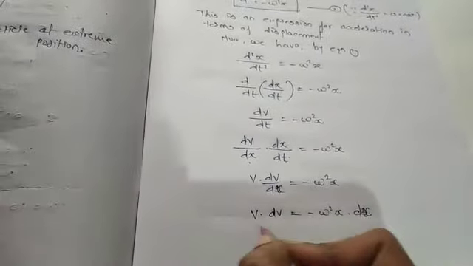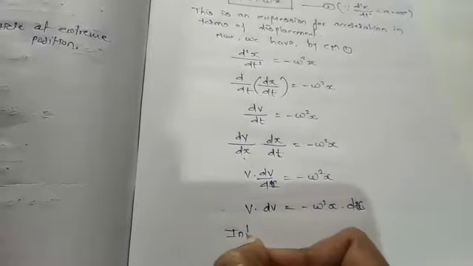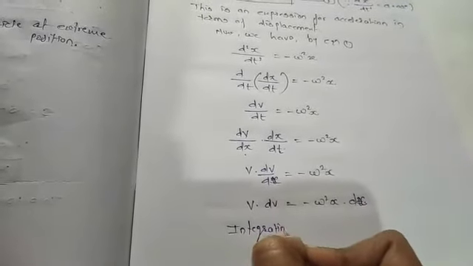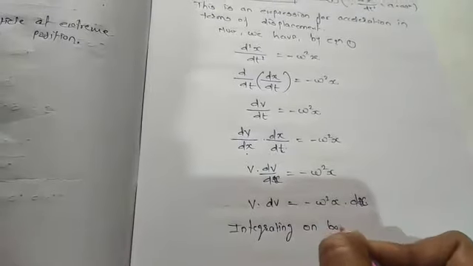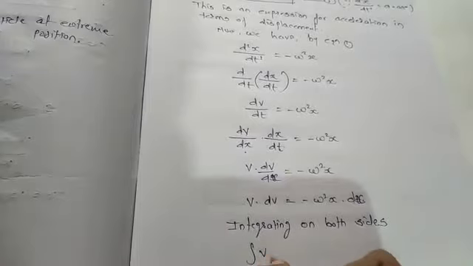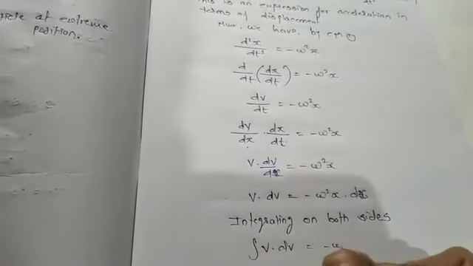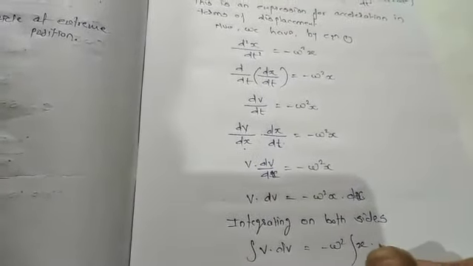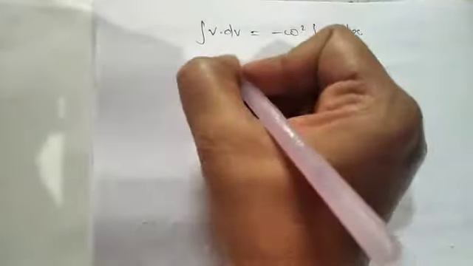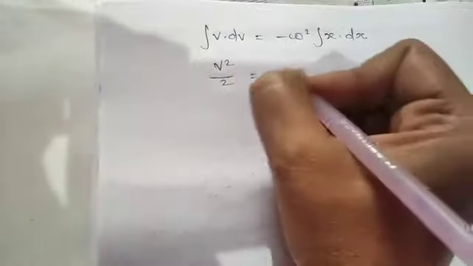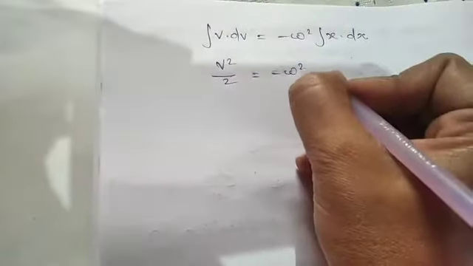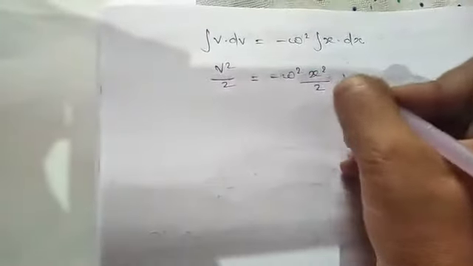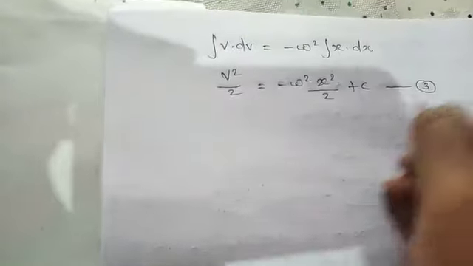Now integrating on both the sides, integration of v into dv is equal to minus omega square times integration of x into dx. Solving this integration, v square by 2 is equal to minus omega square x square by 2 plus c. This is equation number 3.